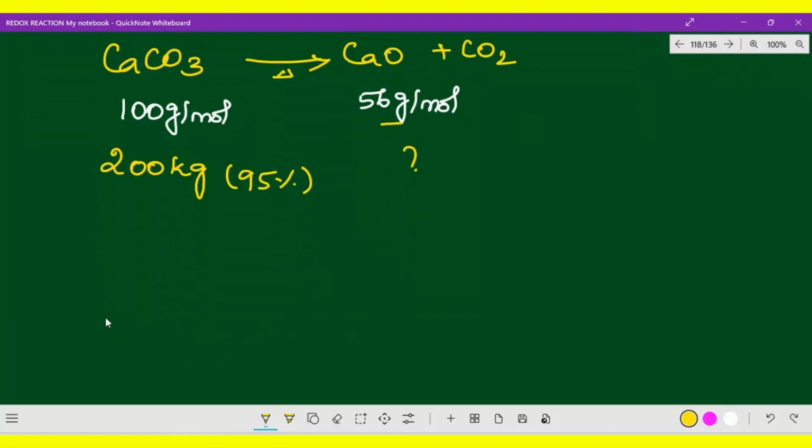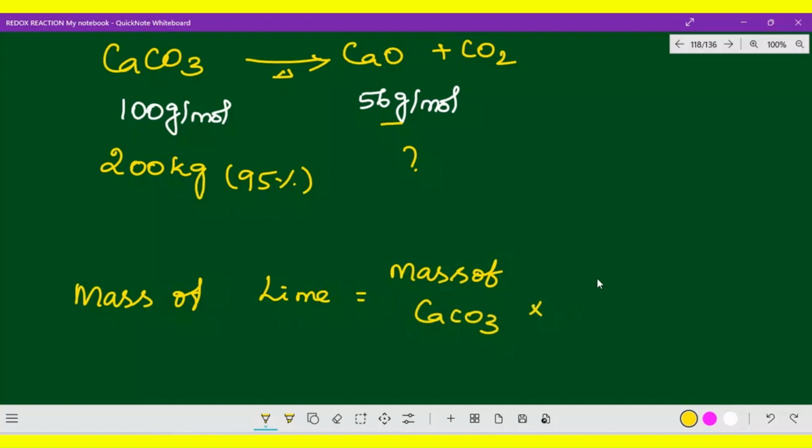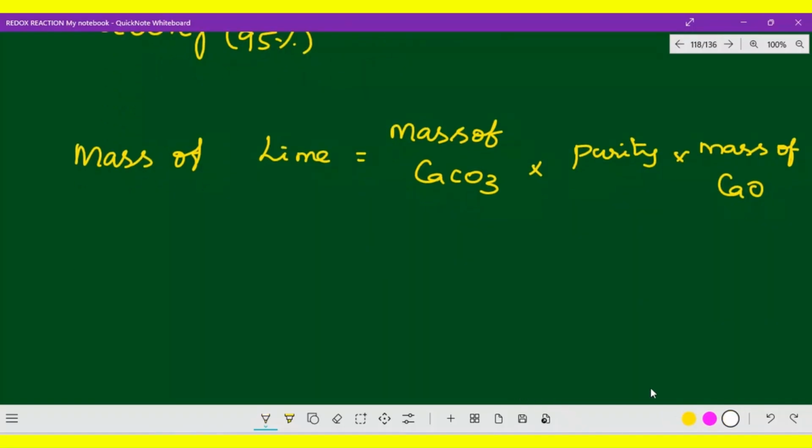Come on, let us check. This is purely cross multiplication, like if 10 apples cost this much, what does 1 apple cost. So the mass of lime is the mass of CaCO3 into purity into the mass of CaO.